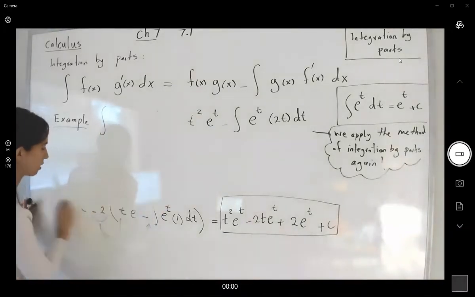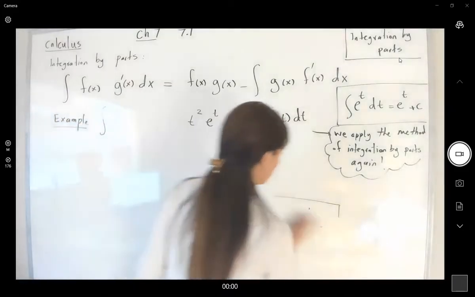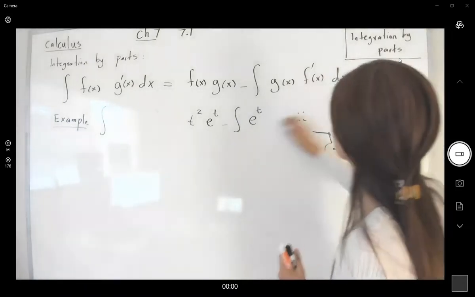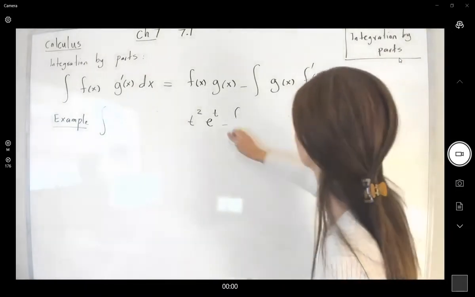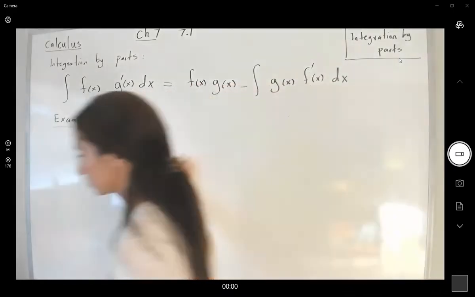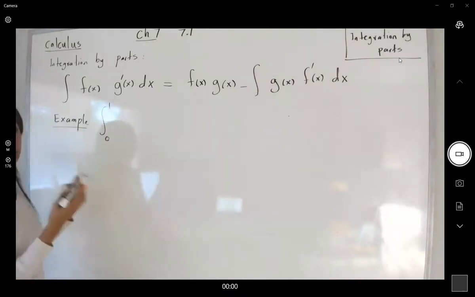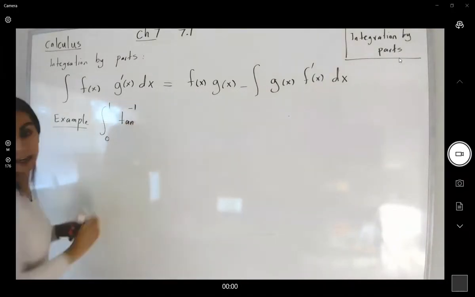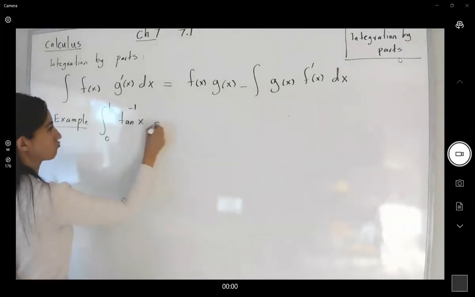Suppose we have this guy here. Well, we have the integral. Now you have a definite integral from 0 to 1 of inverse tangent of x dx.